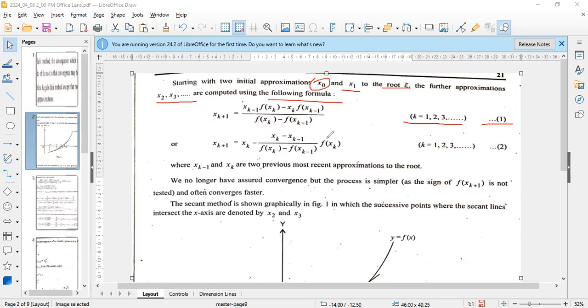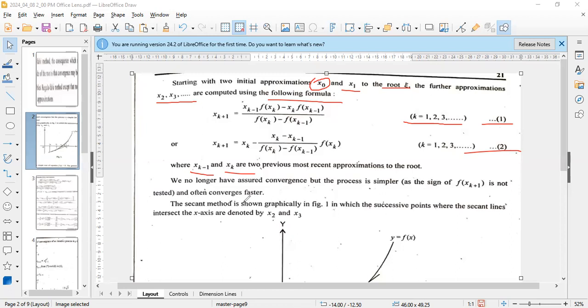We have simply rearranged and simplified it, where k is 1, 2, 3 and so on, and we call this equation number 2, where x(k-1) and xk are the two most recent approximations to the root. We no longer have ensured convergence, but the process is simple, as the sign of f(x(k+1)) is not tested, and often convergence is faster.